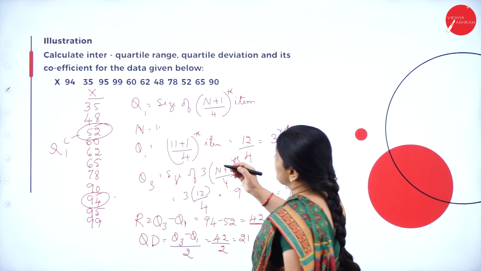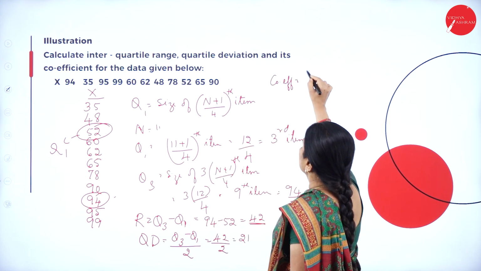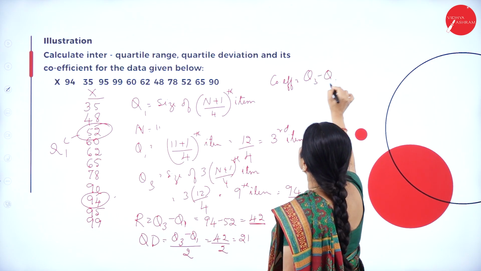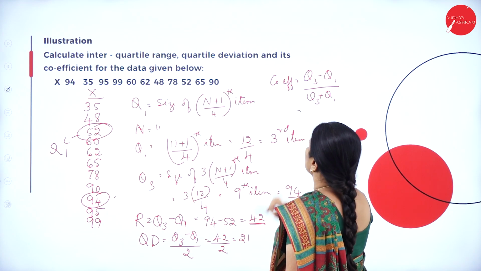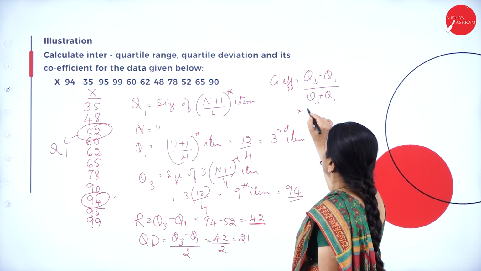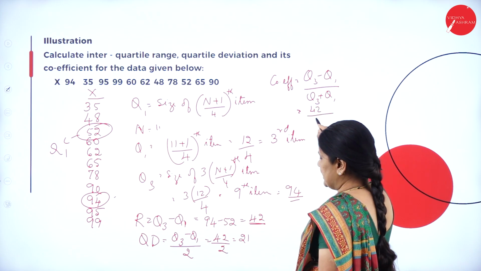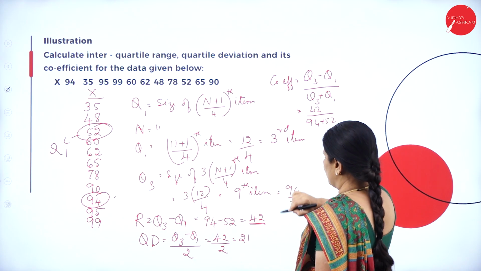Now, they have asked me the coefficient. The coefficient will be Q3 minus Q1 divided by Q3 plus Q1. So this will be equal to 42 divided by 94 plus 52.